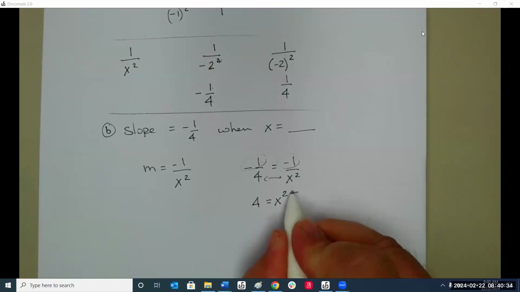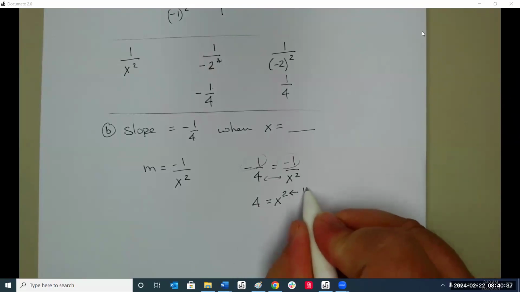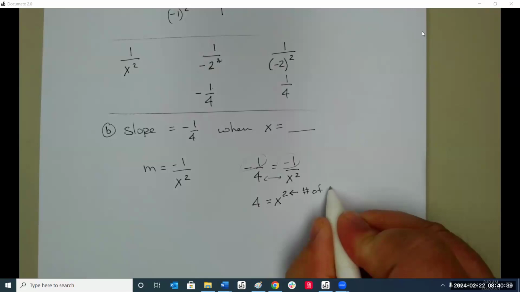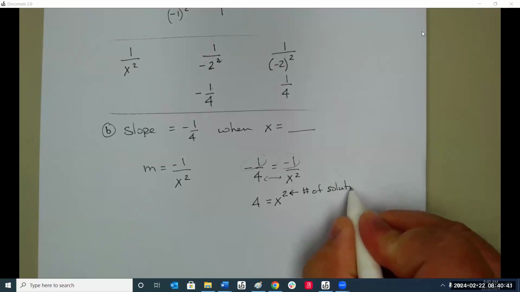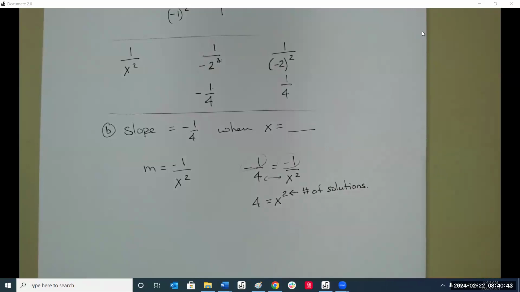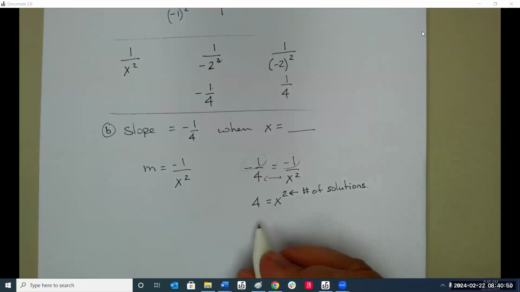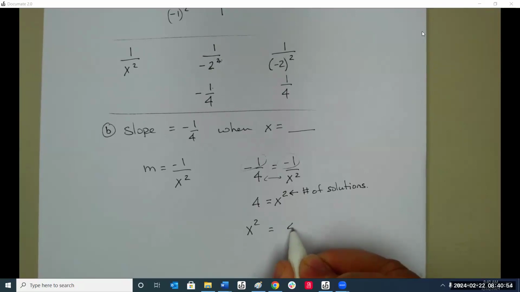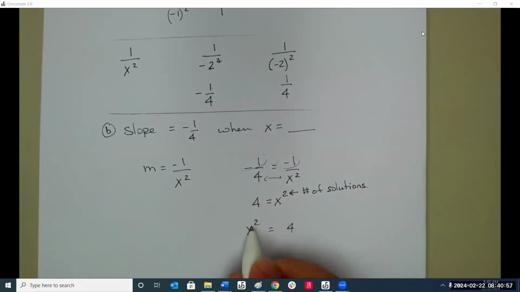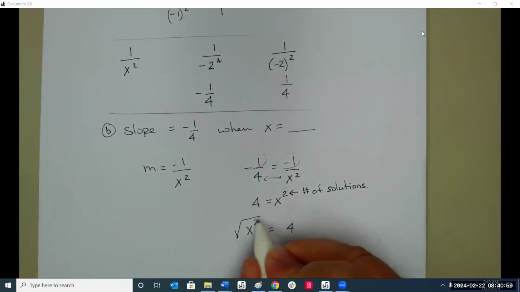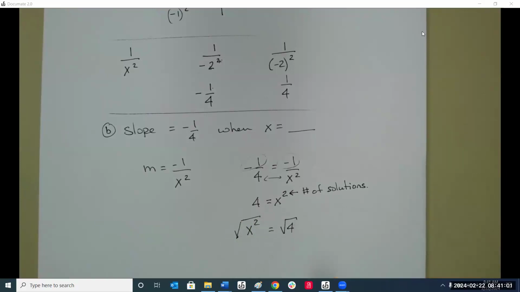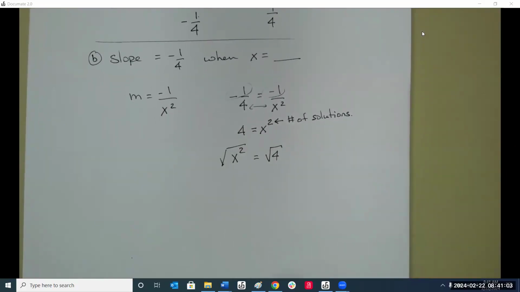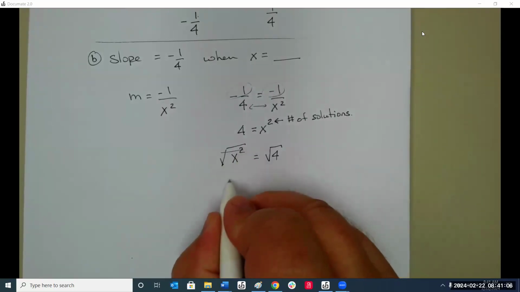Remember, the exponent tells you our number of solutions. We have to have 2 solutions. So if I had x squared equals 4, how do I get rid of the square? Square root it. So the square and the square root cancel.